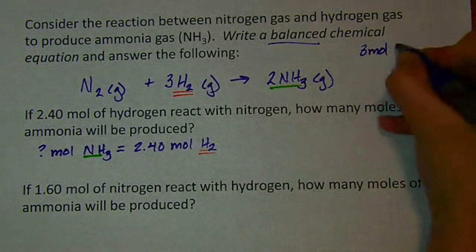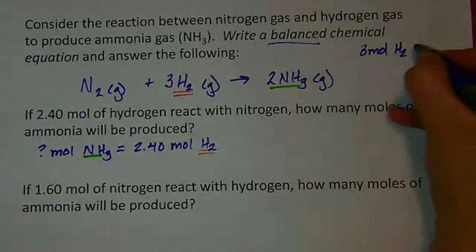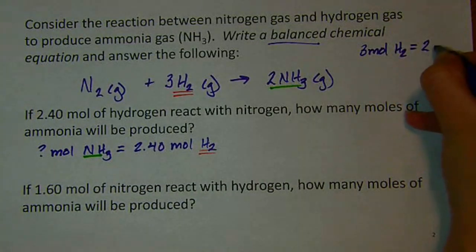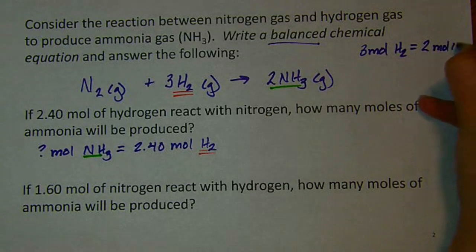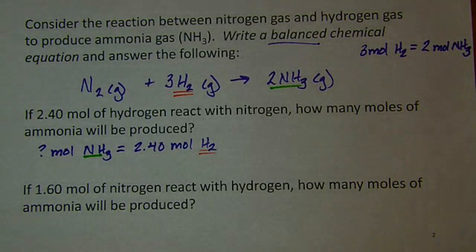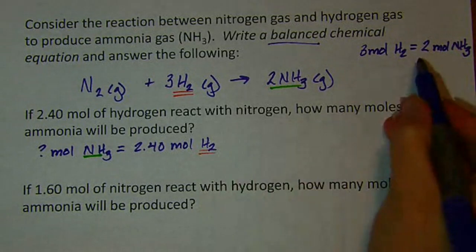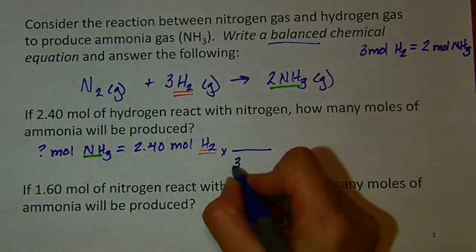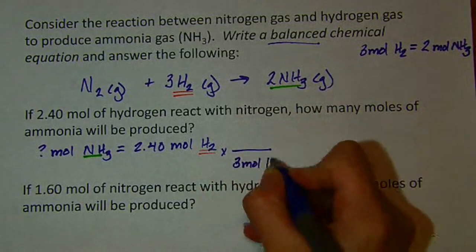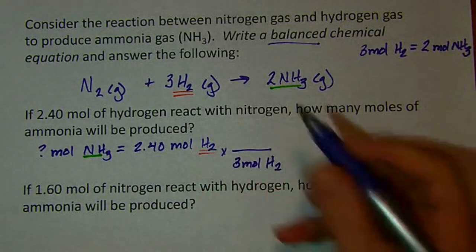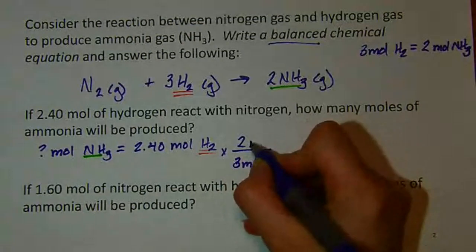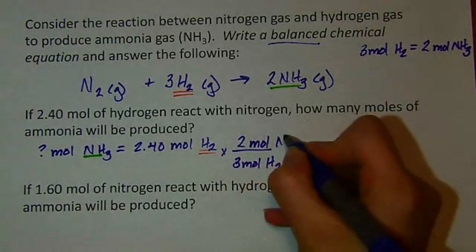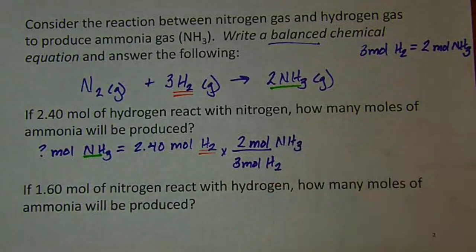For every 3 moles of hydrogen that react, that's going to produce 2 moles of ammonia. So now I can use this as a conversion factor. So for every 3 moles of hydrogen, that's going to produce 2 moles of ammonia.